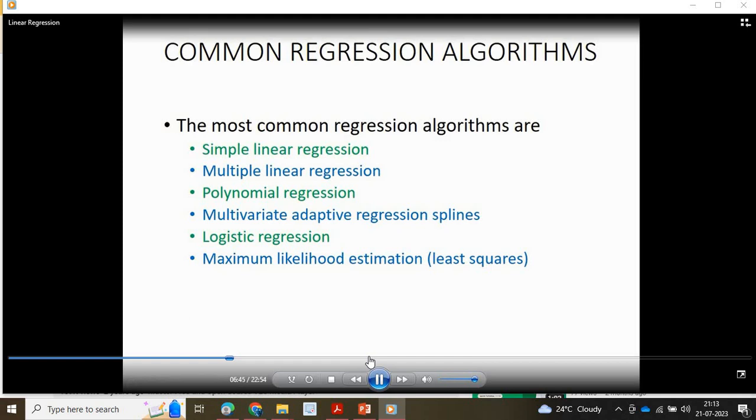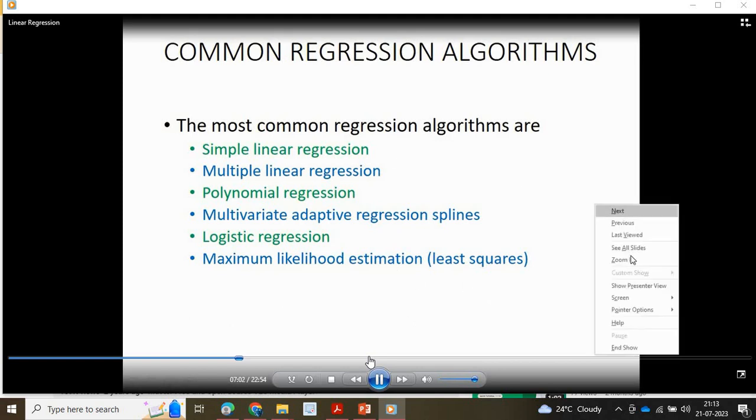Some of the common regression algorithms are simple linear regression, multiple linear regression, polynomial regression, multivariate adaptive regression, logistic regression, maximum likelihood estimation. These are some examples of regression algorithms.